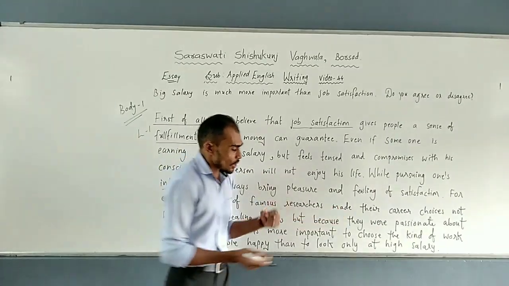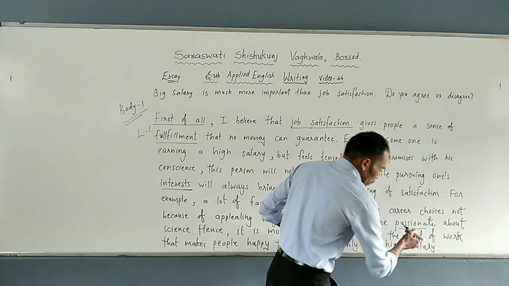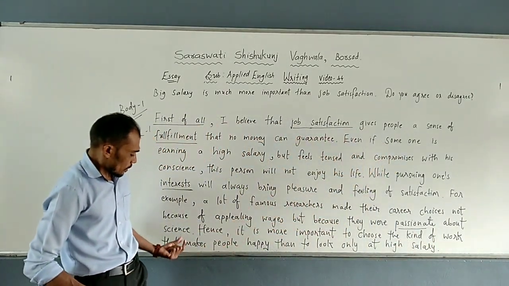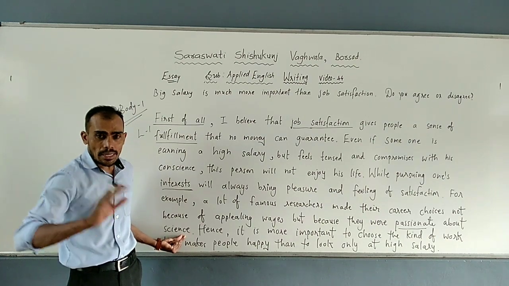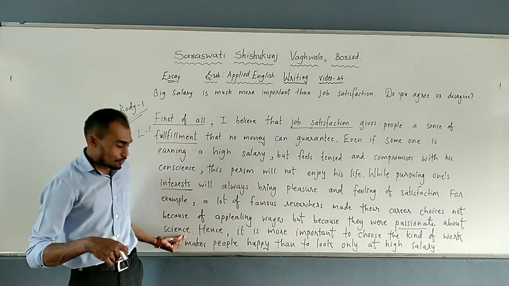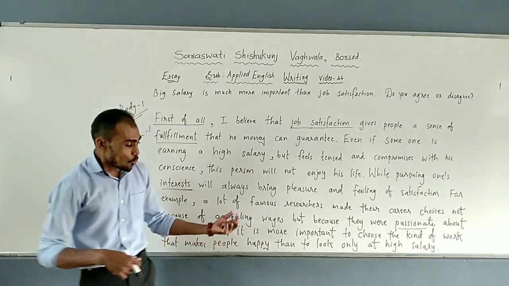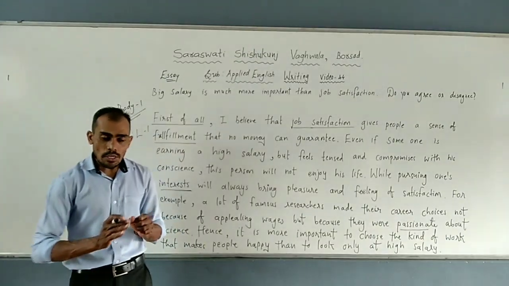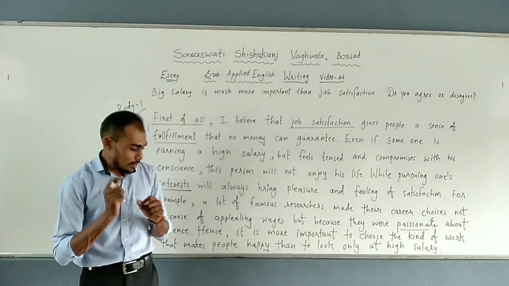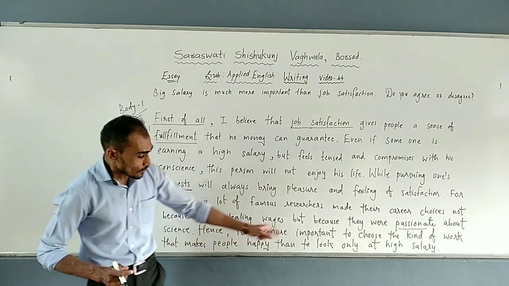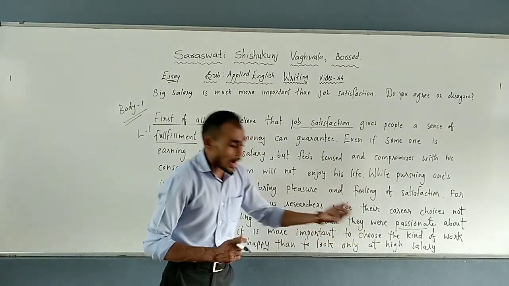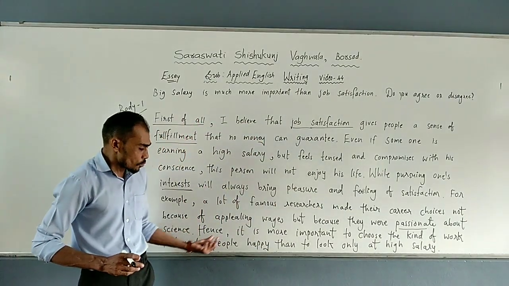They were passionate, so I have written here passionate. They were passionate about science, and hence there are a lot of scientists that you can find. Hence, it is more important. Why is it important? Job satisfaction is more important. Hence, it is more important to choose the kind of work that makes people happy.